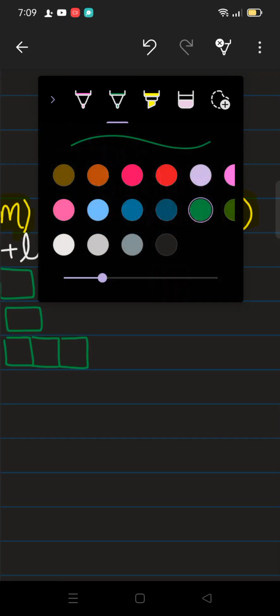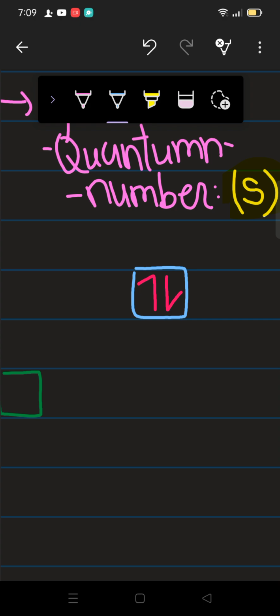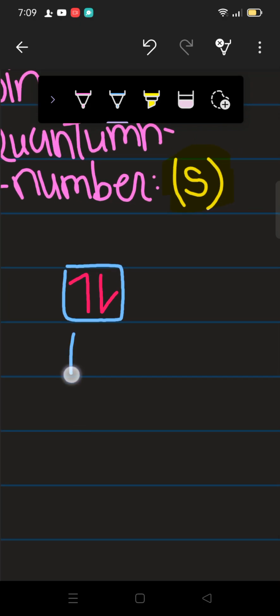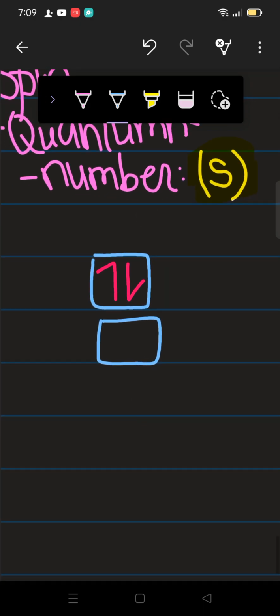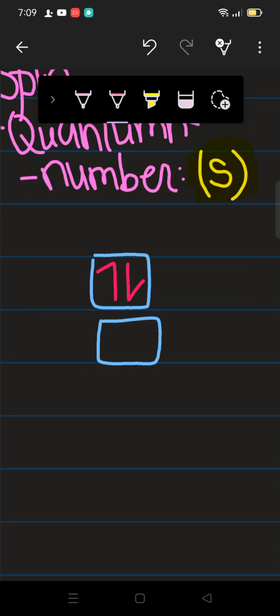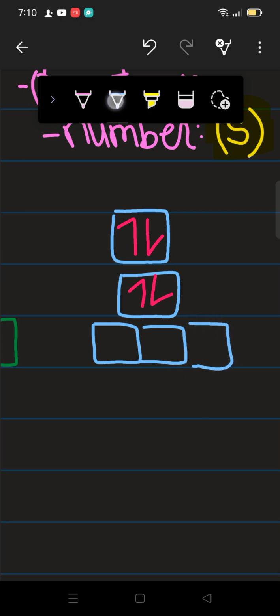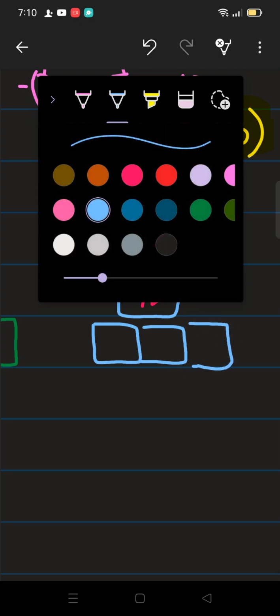Now let's make the spinning of it. Initially in S we have only one orbital, and there we have only 2 electrons in it, and they revolve in opposite directions. Here we have 3 orbitals since this is P, and here we will have how many electrons?